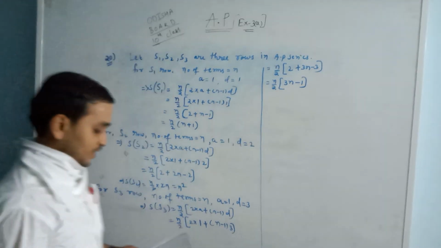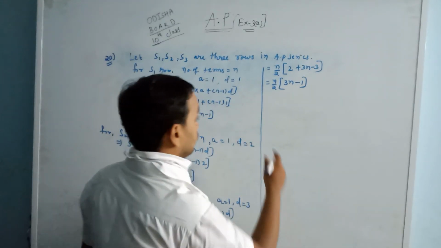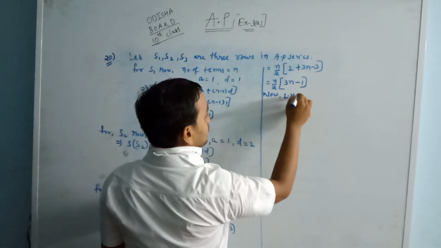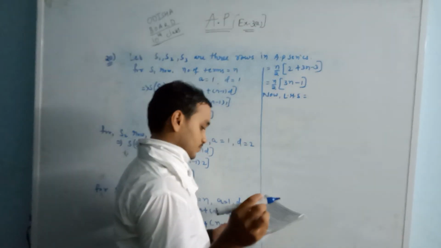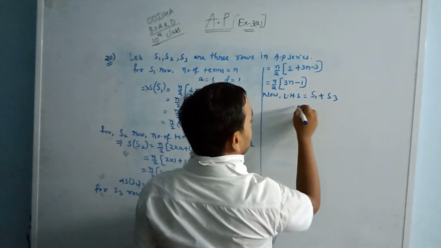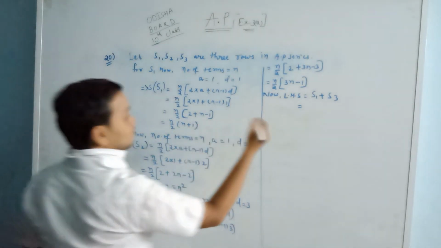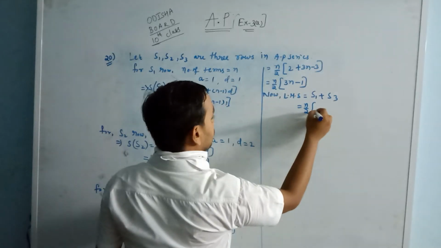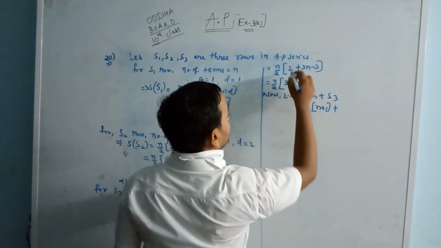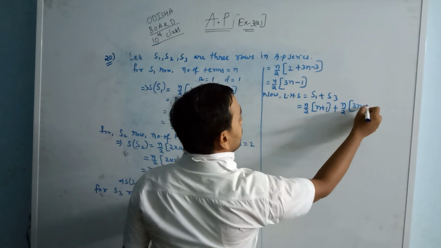Now we have to prove what? S1 plus S3 is equal to 2S2. Now LHS is equal to what? S1 plus S3. S1, what we got? n by 2 into n plus 1, plus S3, n by 2 into 3n minus 1.